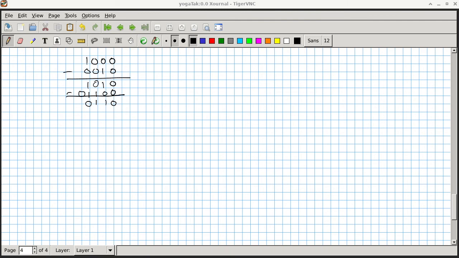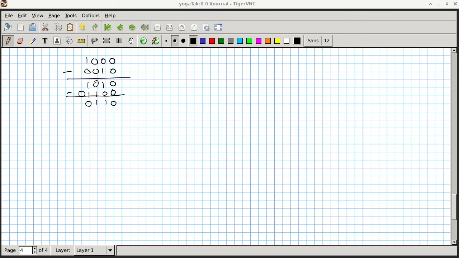So if this process is looking a little foreign to you, you probably need some more practice with how to perform binary subtraction by hand, using the definitions that we have talked about in this class. All right, but the bottom line here is we are looking at T4. T4 in this case is a 0. So what is the conclusion?